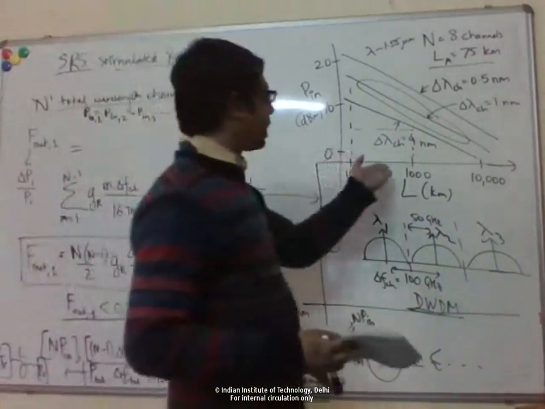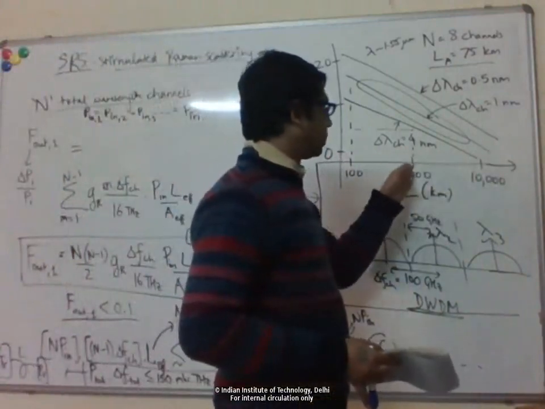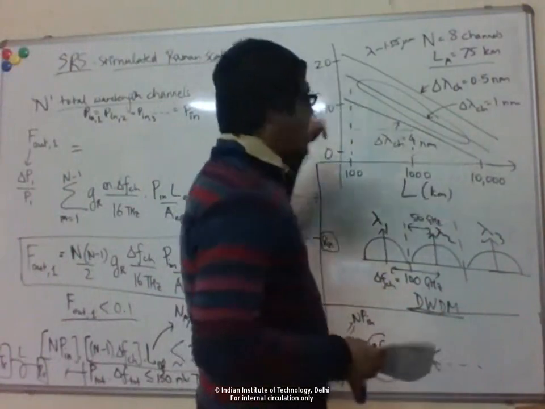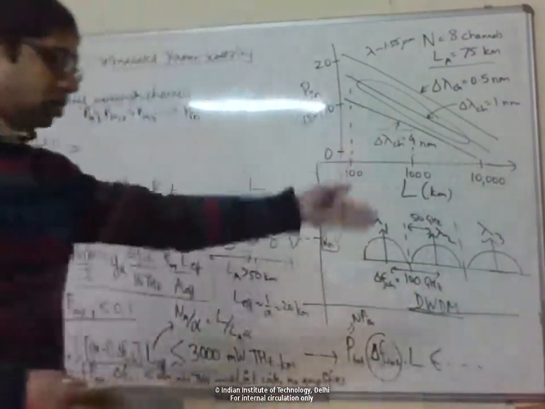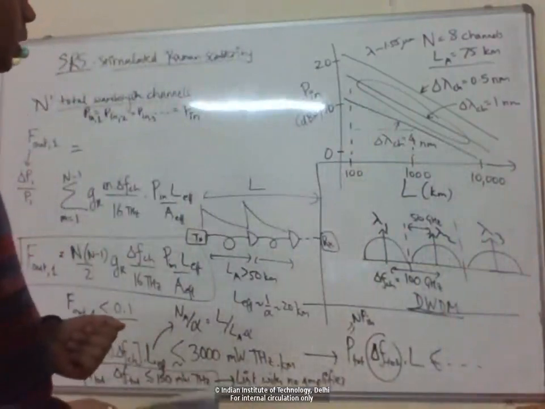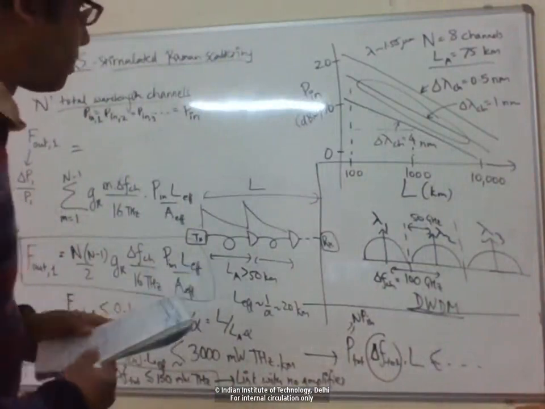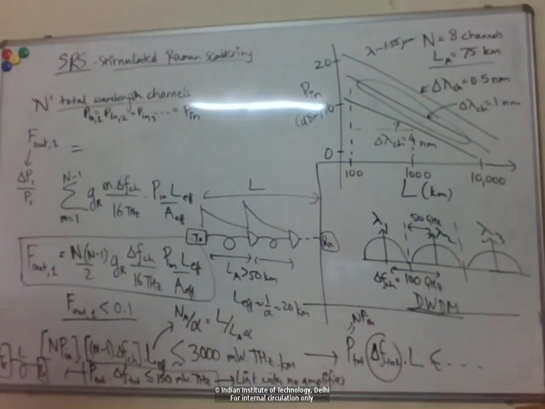So you need better and better receivers, because as you increase the length, you're also reducing the transmitted power, so the received power also goes down. I hope that's clear.